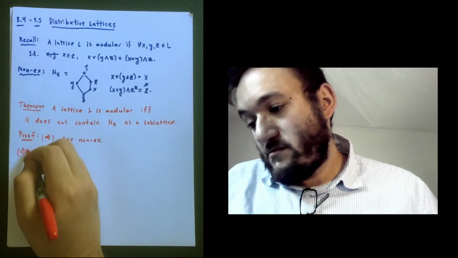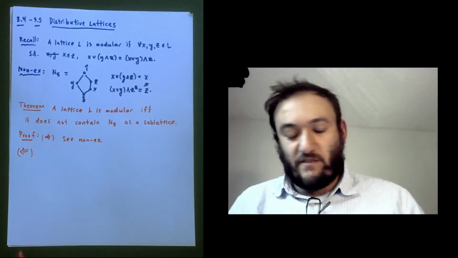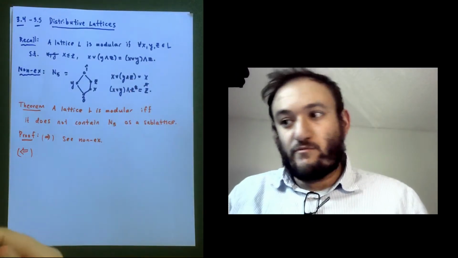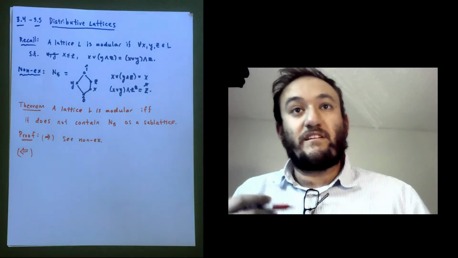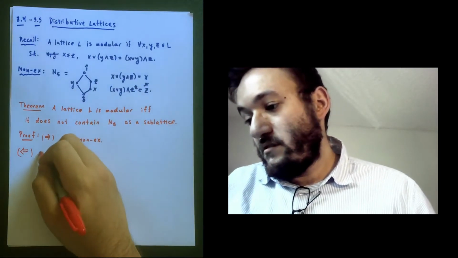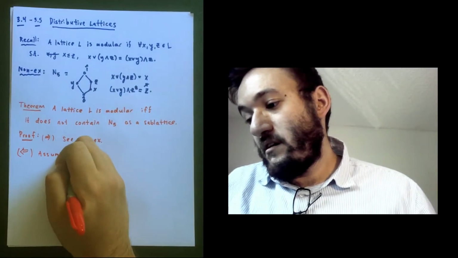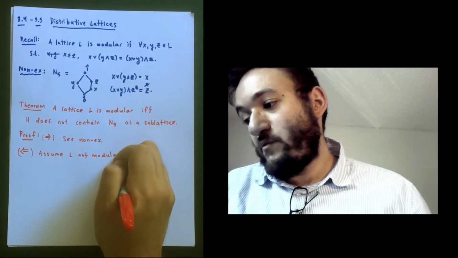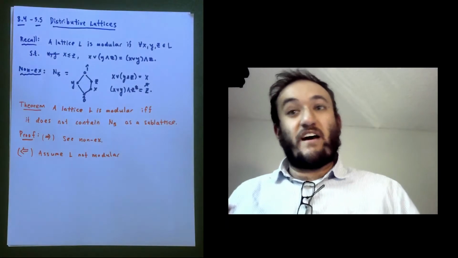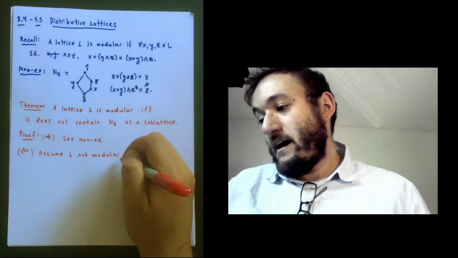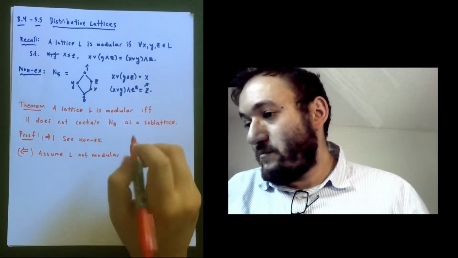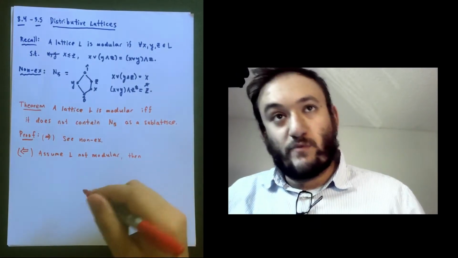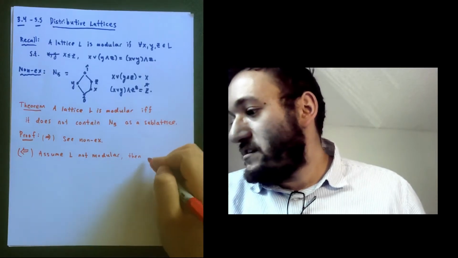In the other direction, it's much trickier, but the way we would prove it is the contrapositive. So we would say if the lattice is not modular, so assume L not modular, then we have to produce N5 as a sublattice. And the way you would do that is by saying, well, first you have to have some x, y, and z that contradict the defining condition.